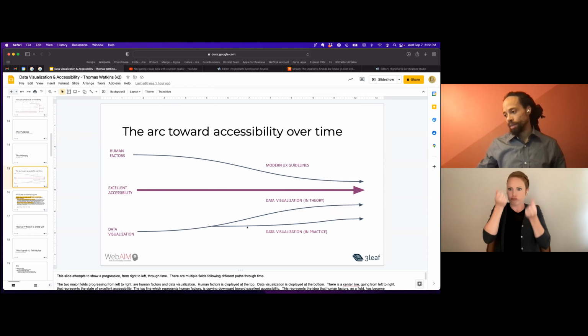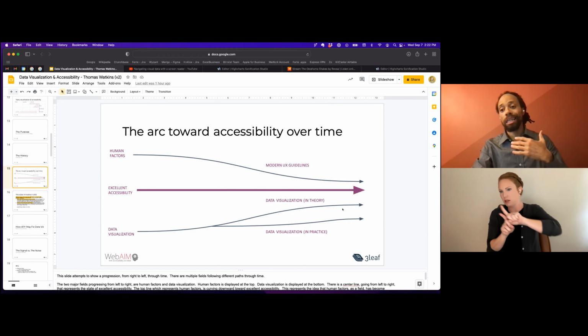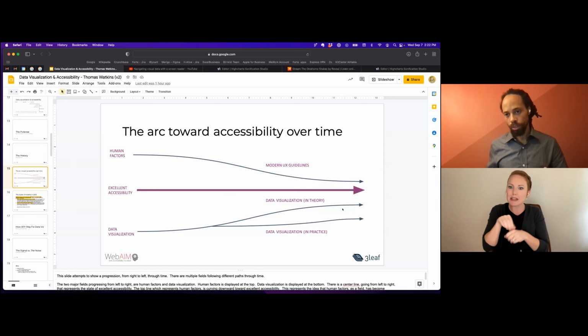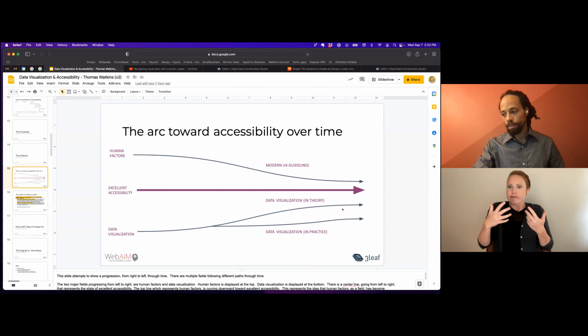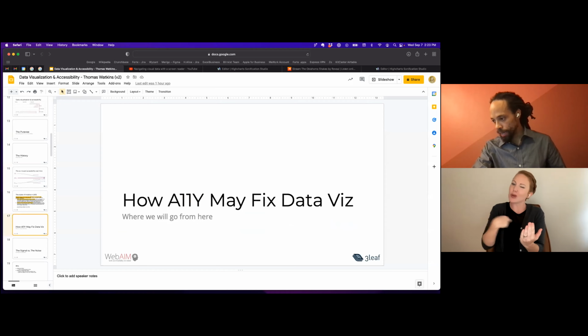You'll see on this line, I have a split here because in theory, we know a lot about how to make data visualization very, very effective, very accessible. The problem is we don't use it in practice. And most of our experience with data visualization is dealing with very, very problematic graphics and situations that are very difficult for us to perceive and to make use out of. So that is a little bit of a lay of the land.